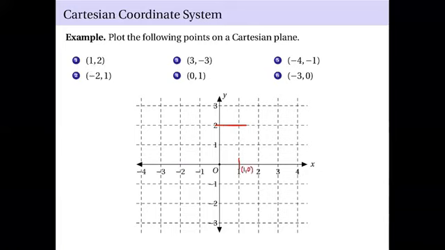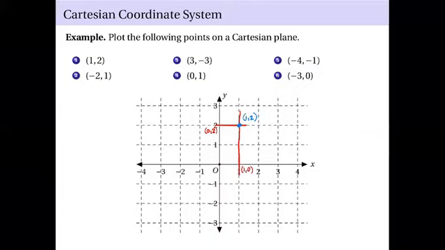This is that vertical line. Then we draw a horizontal line passing through the point 0, 2. If we get the intersection, which is this point here, that will be the point 1, 2.